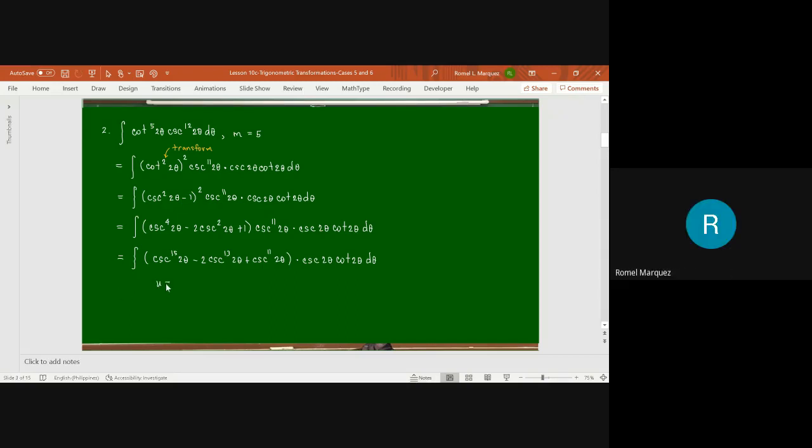What is our u here? Cosecant in its term. Cosecant of 2 theta. What is du, guys? Guys, what's the du?